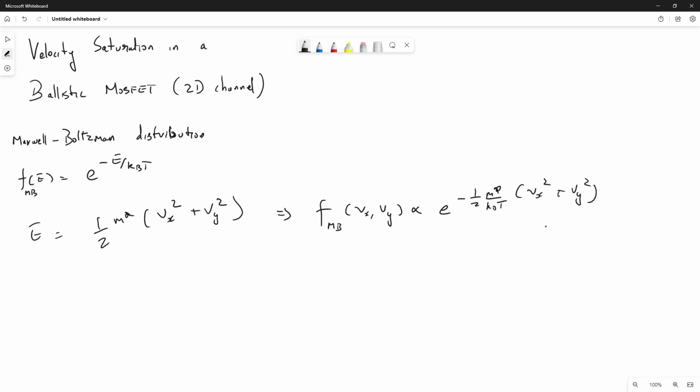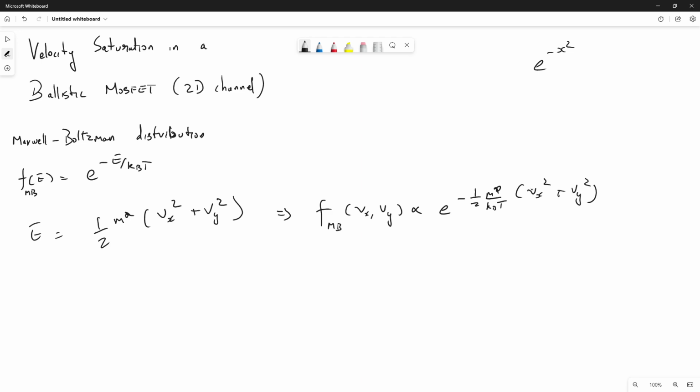Now, what is this quantity? Are you familiar with this function? This is a 2D Gaussian. You know what a Gaussian is, right? A Gaussian is e to the power minus x squared.